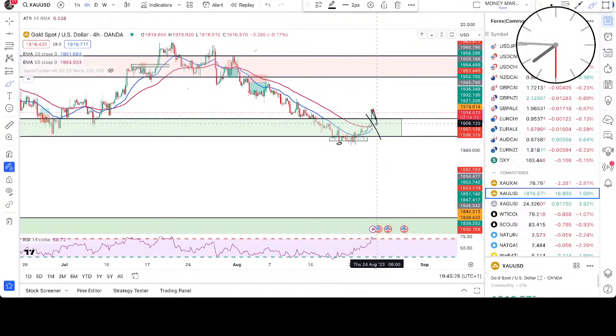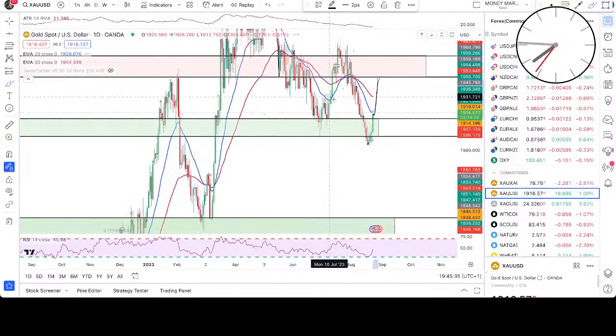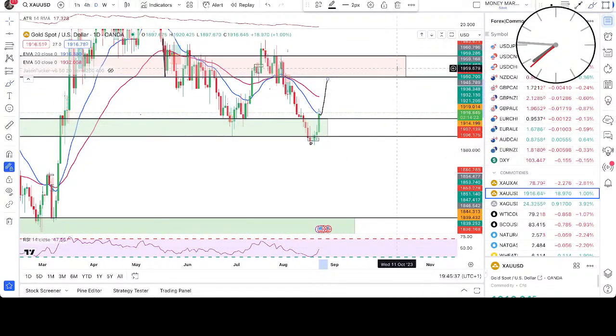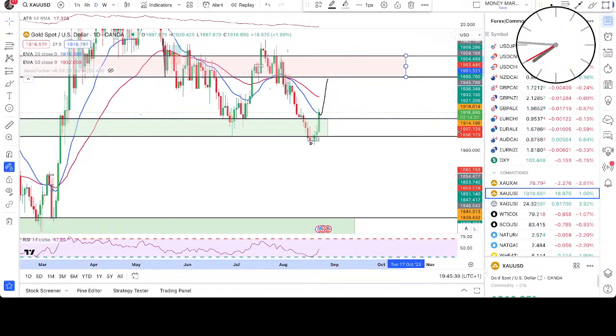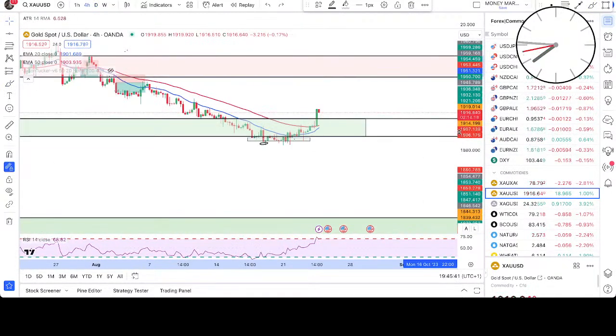So we can get a push up, that's a pullback above the 50 EMA, and then we can get a possible continuation. It can still push up, and I'll only go long until the price hits the zone above, which I still need to mark and redo the zones. So it's still bullish.